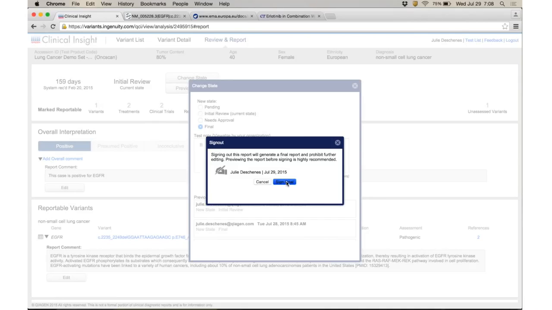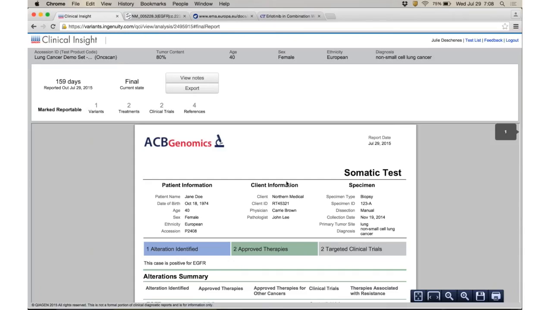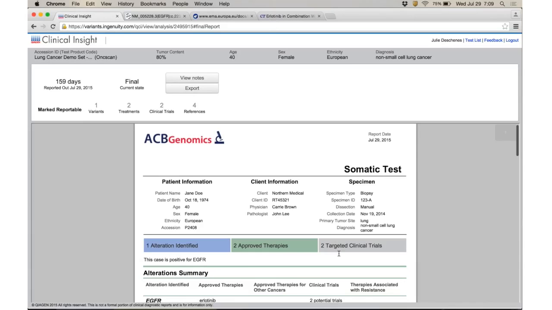When your report is signed out, depending on how we are integrating QIAGEN Clinical Insight within your system, it will generate for you a PDF, or it can also be retrievable using an XML version. The reports that you will see are customizable and based on your needs.